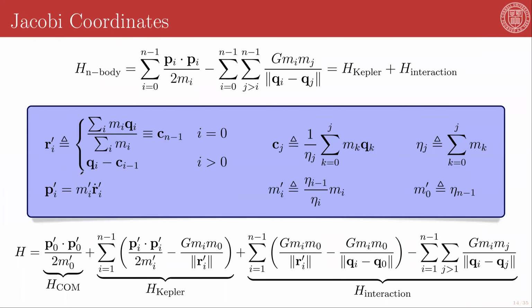So this is notationally cool in this ultra minimalist sort of way, but really the reason for going through the rigmarole of defining this rather complicated coordinate set is that it leaves the kinetic energy as a sum of squares of the momenta only.